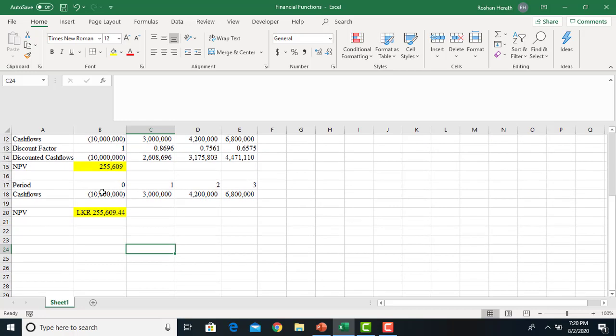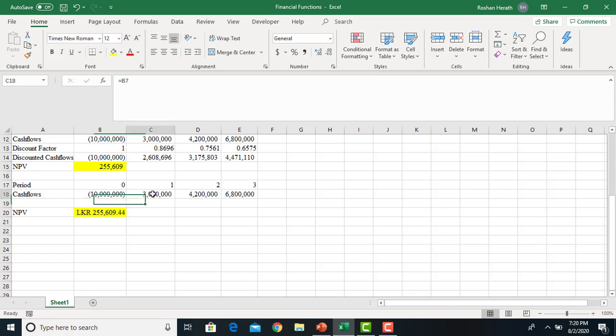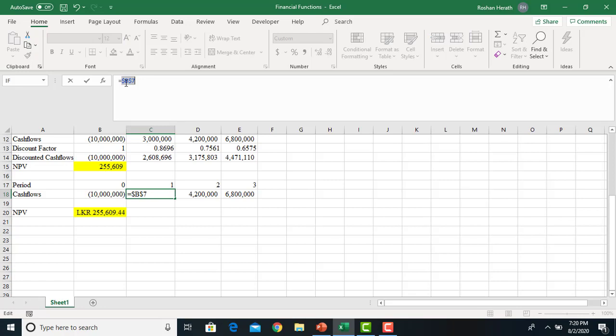Even when you are arranging these cash flows, here I have arranged the cash flow in a horizontal way. Even if you wish, you can arrange the same cash flow in a vertical way. So if I make these cash flows constant, and then put that into vertical manner, I would show you.